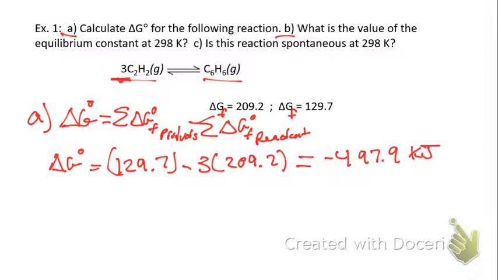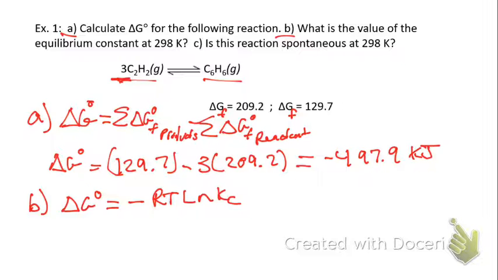Now for B, we need to find the Kc value. So this is where we're going to actually use our equation, delta G equals a negative RT natural log of the Kc. And we're going to have to find Kc. Now, remember we have units of kilojoules where R is in joules.